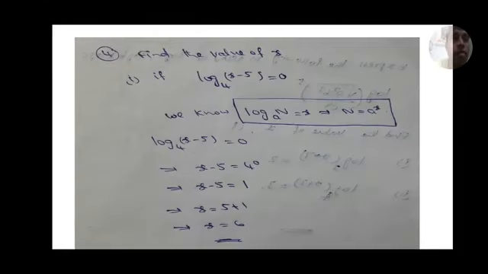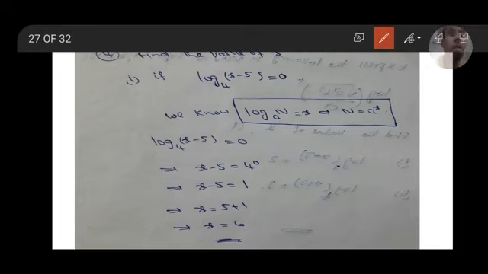Find the value of x if log of x minus 5 to the base 4 equal to 0. We need to find the x value. So we know that by the definition, a to the power of x equal to n implies log n to the base a equal to x, and vice versa.